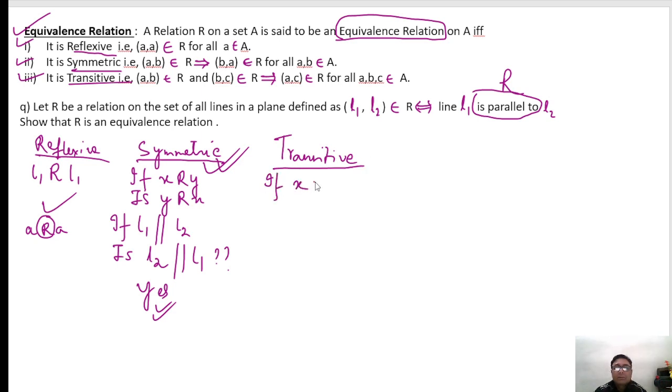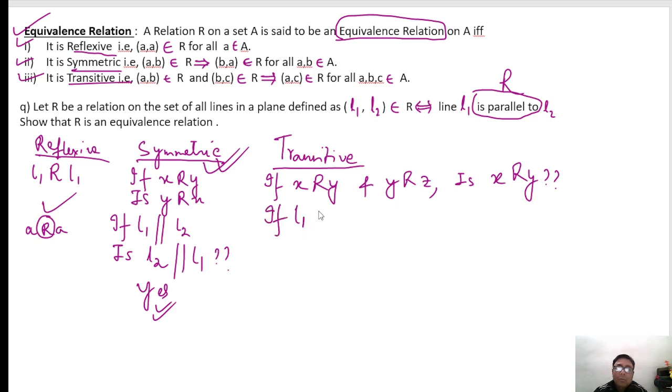If x r y and y r z is x r z, possible. So let's check line L1.